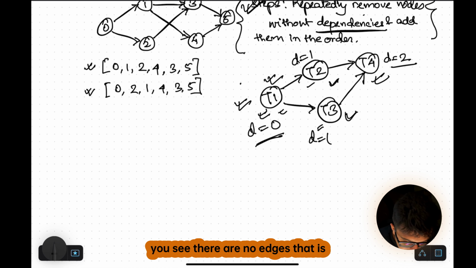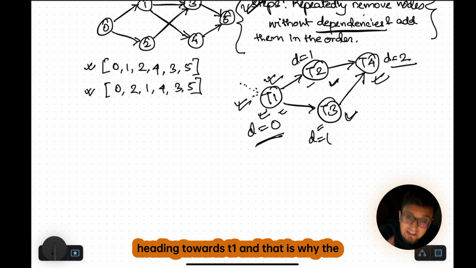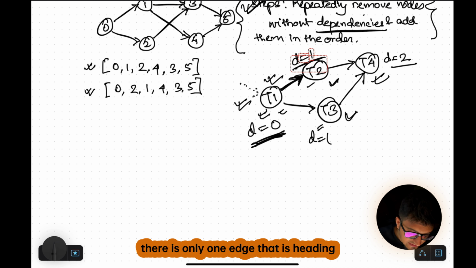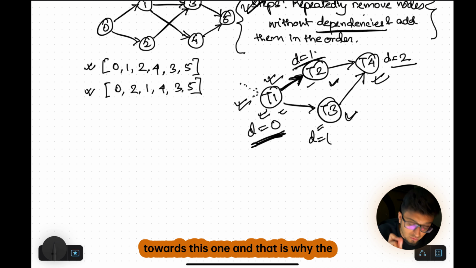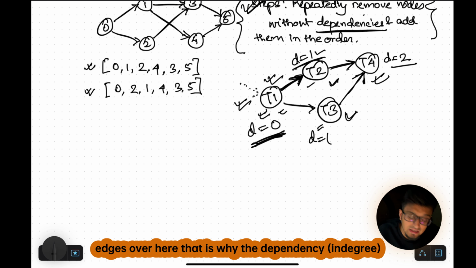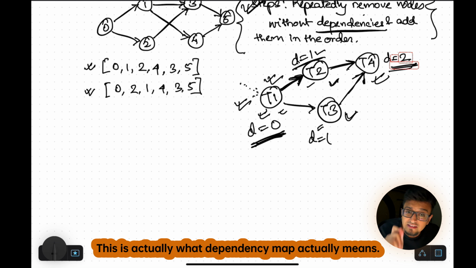There are no edges heading towards T1, and that is why its dependency is 0. For T2 there is only one edge heading towards it, so the dependency is 1. Similarly, since there are 2 incoming edges at T4, its dependency is 2. This is what the dependency map actually means.